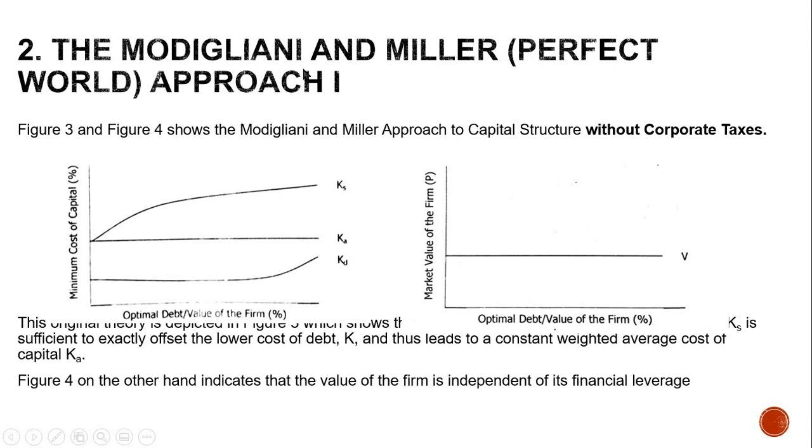However, in the Modigliani-Miller perfect world approach na without corporate taxes, the value of the firm is independent of the debt and equity structure. Okay, no matter how much is the debt or how much is the amount of equity, it will not affect our value of the firm.